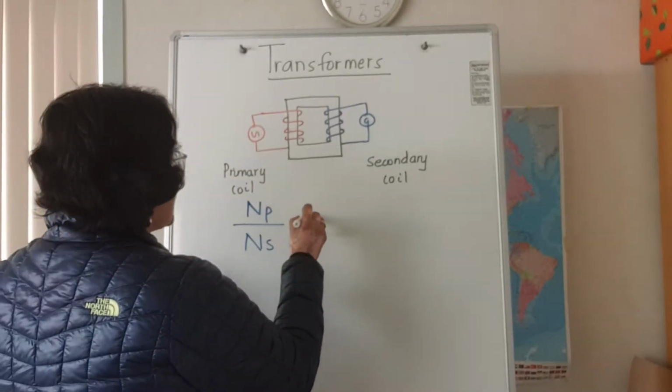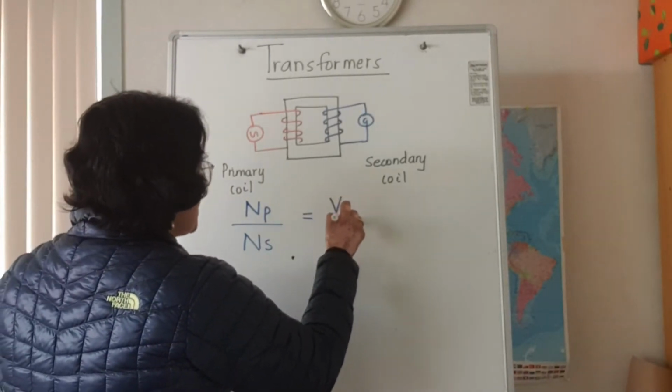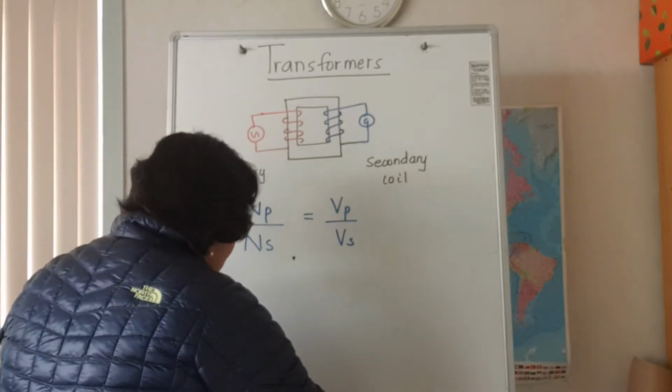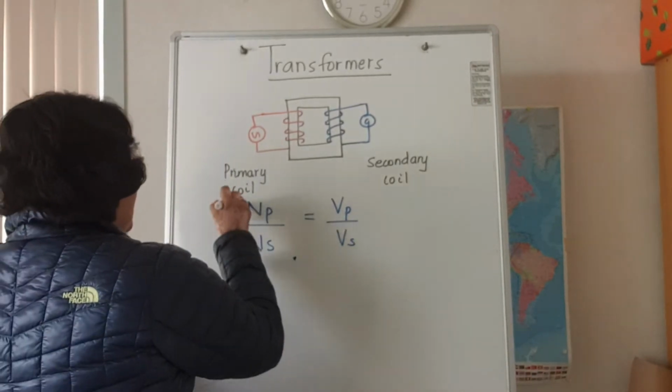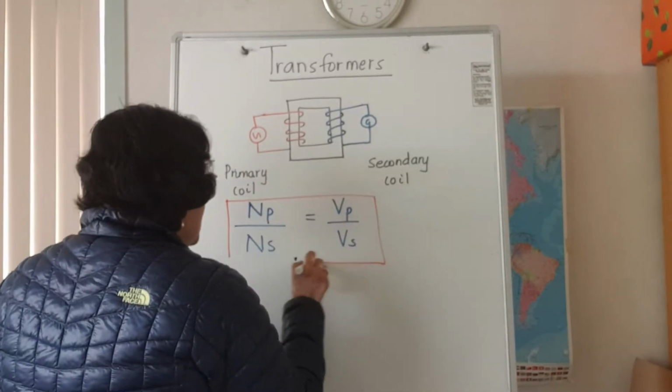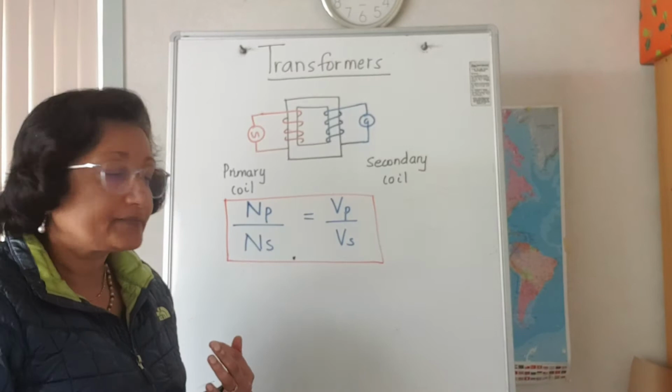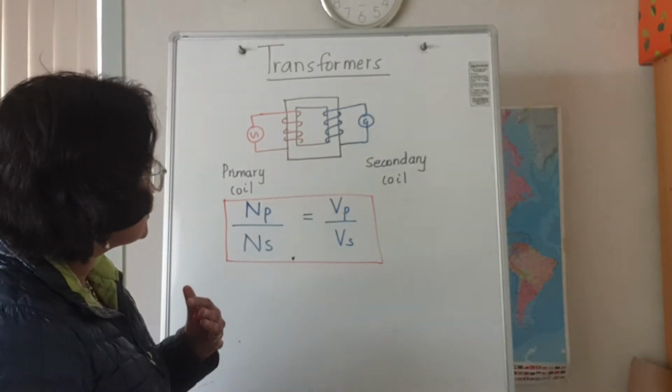These are related to the voltage across the primary divided by the voltage across the secondary. This is the formula that links the voltage and the number of turns for the primary and secondary coil, so it's all proportional.